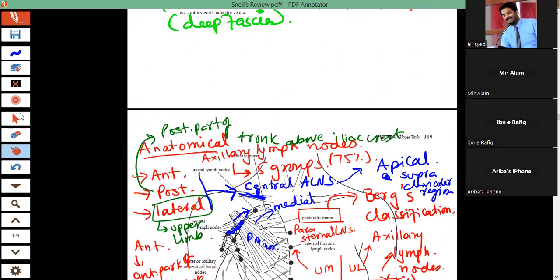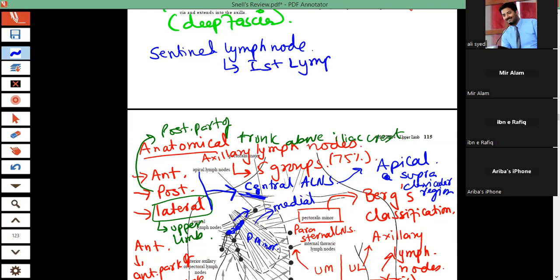Here I will add just one more point, that is your sentinel lymph node. So what is a sentinel lymph node? The first lymph node to which the cancer cells spread is known as the sentinel lymph node.